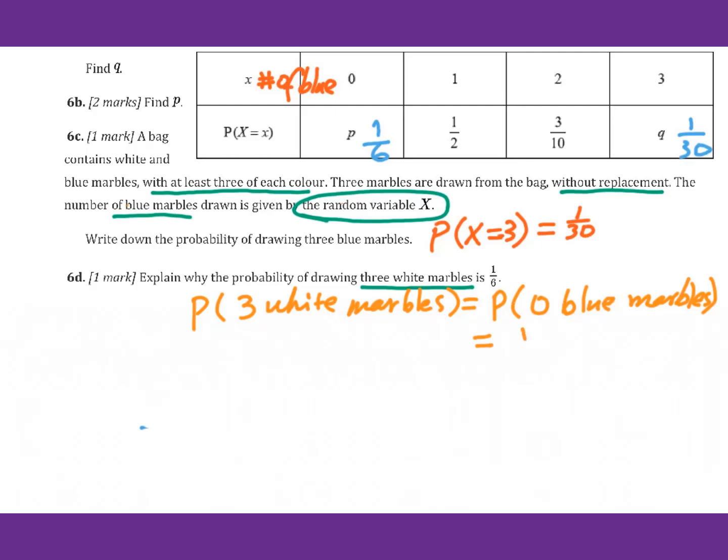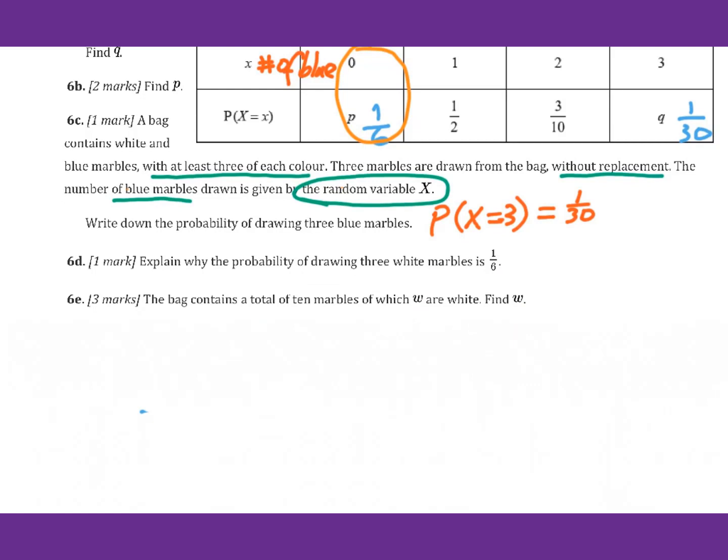That's how this equals 1 over 6 because of this. Let's go to 6E. The bag contains a total of 10 marbles, of which W are white. Find white.